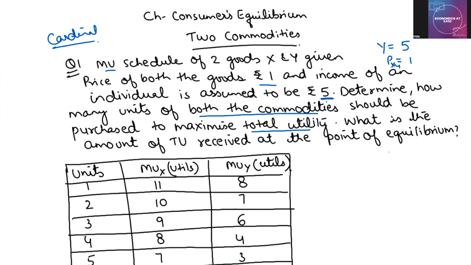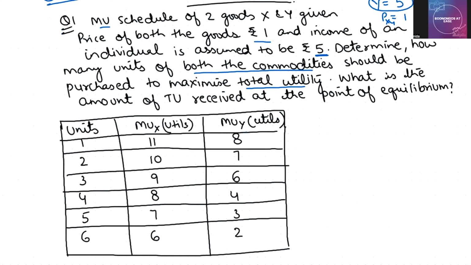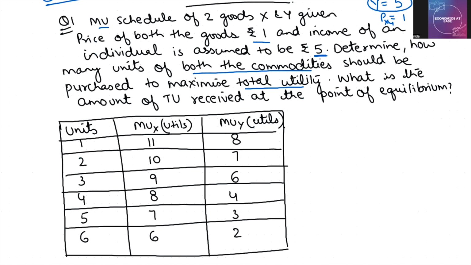So first we need to find out how many quantities a person can get from his limited income, that is rupees 5. That is, how many units he can purchase of commodity X and how many units of commodity Y, as his income is limited, in order to get the consumer's equilibrium.